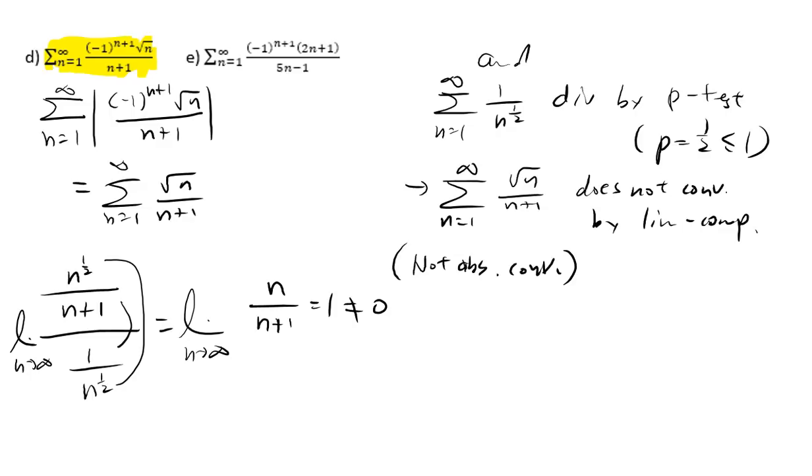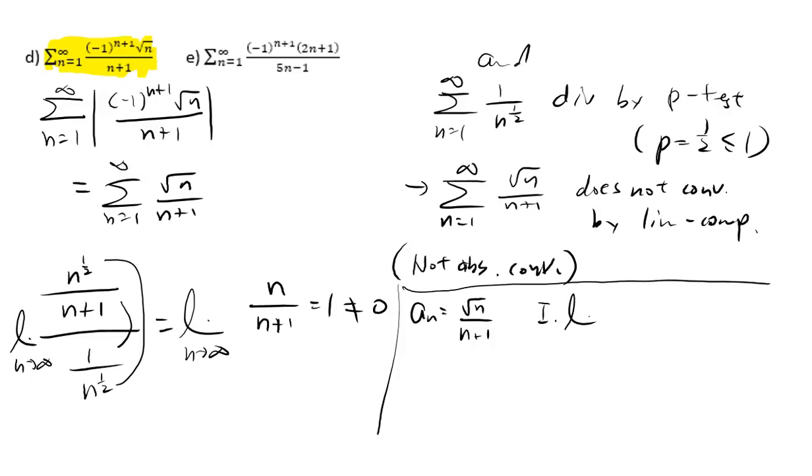Okay, we now do the alternating series test. The alternating series test looks at an, which is square root of n over n plus 1, and checks two things. Number one, limit as n goes to infinity of square root of n over n plus 1, and that's definitely 0 because this is dominated by n, so that's true.